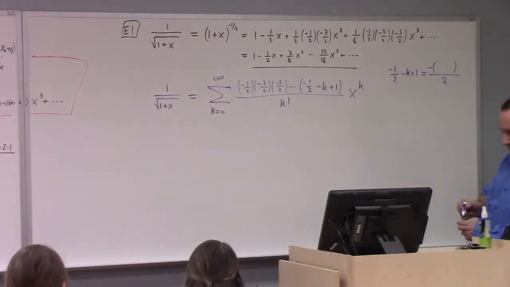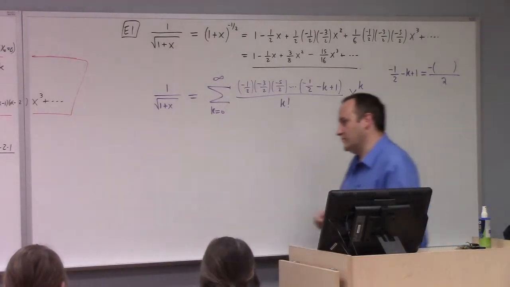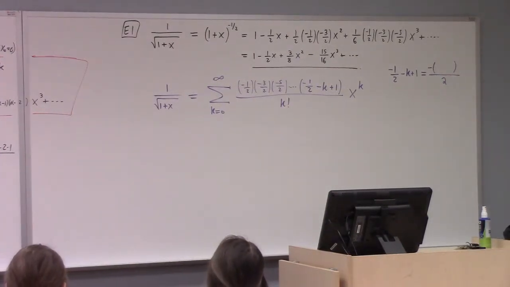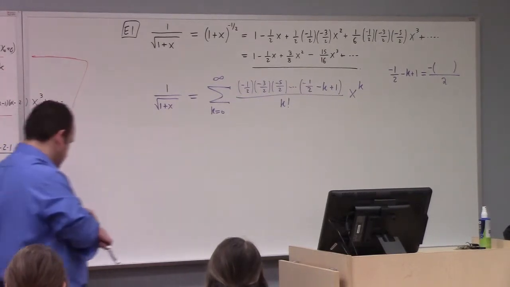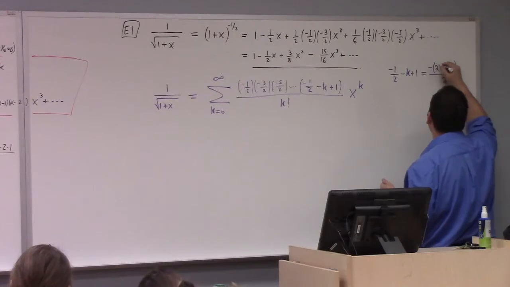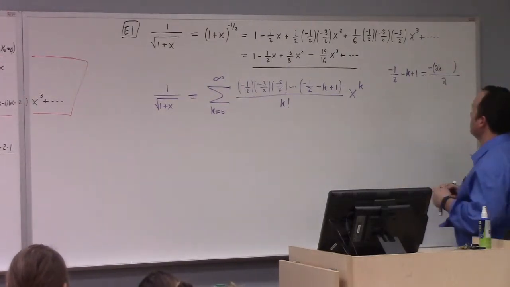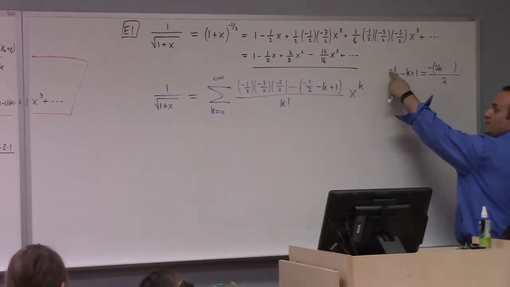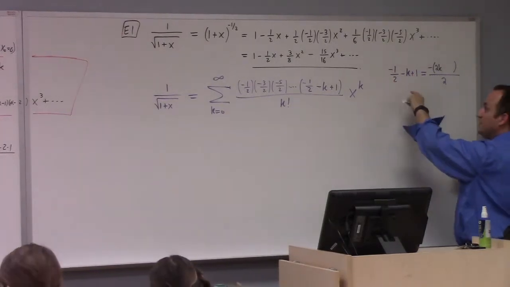Fill in the blank for me. What should we put there? I'll get you started. 2k. And that gives me a plus 2. There's a minus 1 here. 2 minus 1 plus 1.